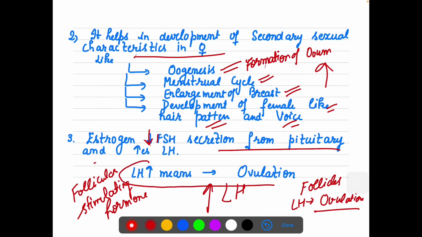So LH increase means that is the ovulation. So it supports LH, it supports the process of ovulation and decreases the formation of follicles.